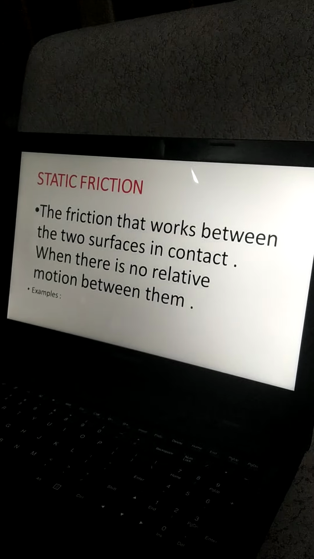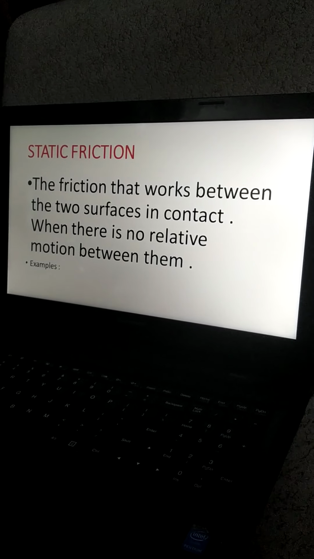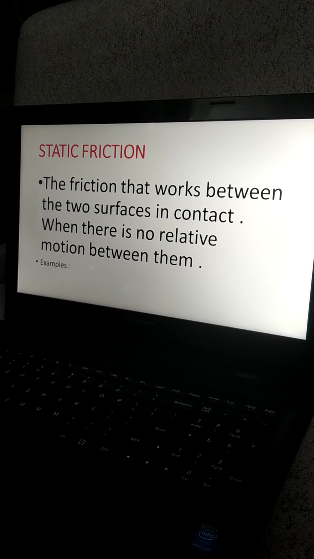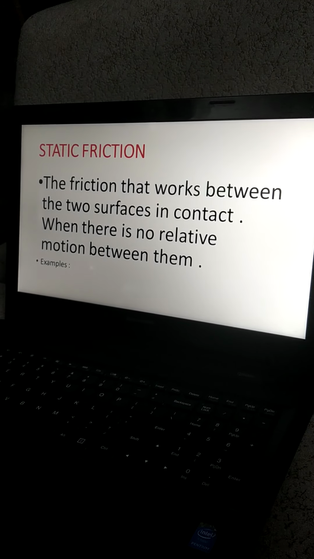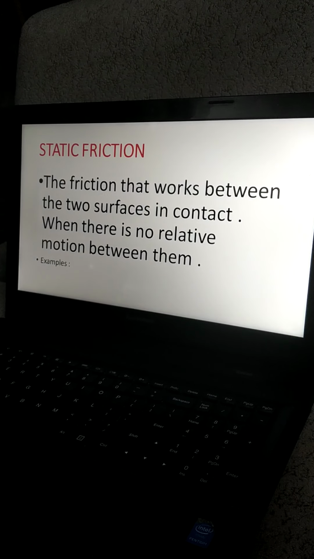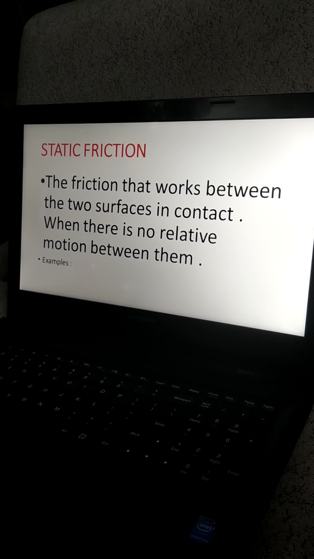What is static friction? The friction that works between two surfaces in contact when there is no relative motion between them is static friction. Okay? Come back.